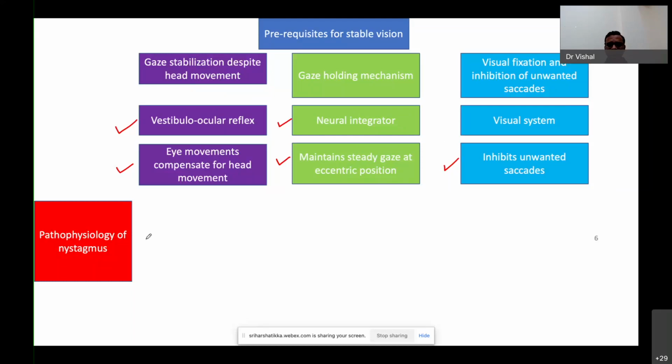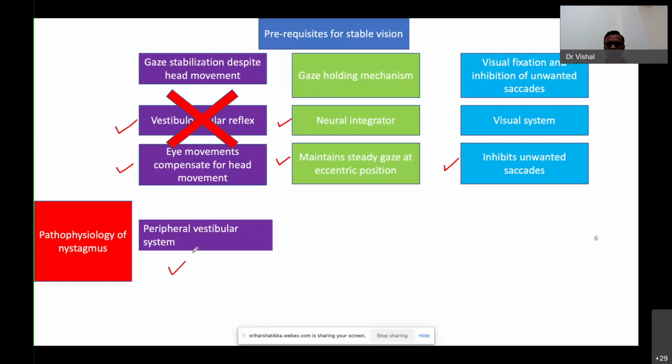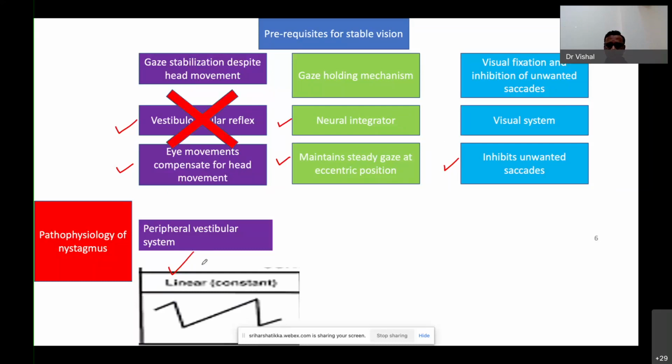Coming to the pathophysiology of nystagmus, if there is any defect in the vestibulo-ocular reflex, it manifests with the peripheral vestibular variety of nystagmus, in which there is a slow phase and a fast phase. The slow phase velocity could be of three types.